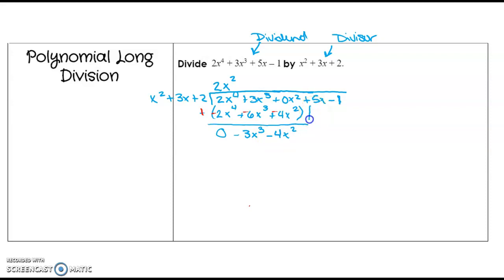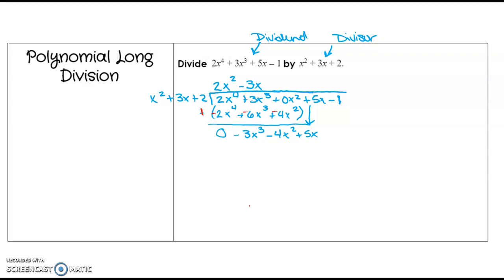Okay, now I'm going to bring down my next term, which is positive 5x. And now I'm thinking to myself, what can I multiply x squared by in order to get negative 3x cubed? And we should get negative 3x. So we're going to multiply our divisor by negative 3x.